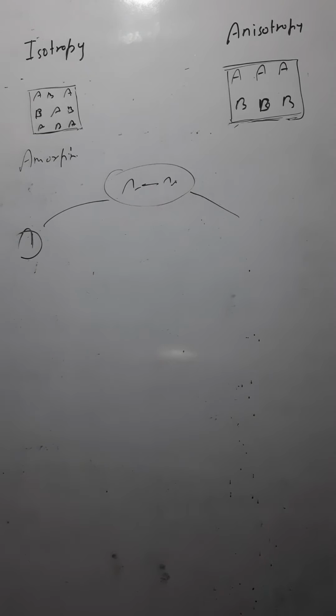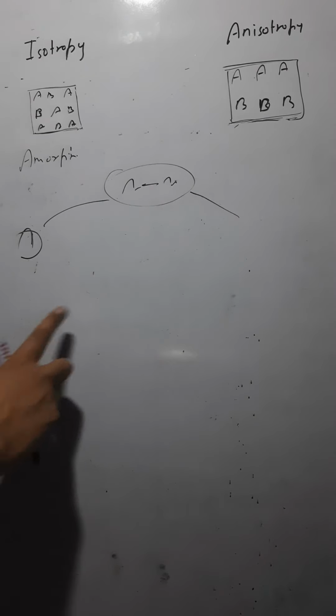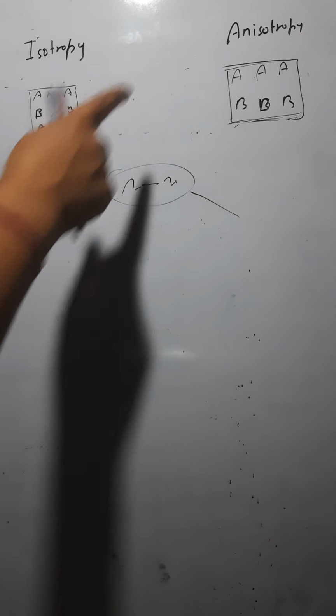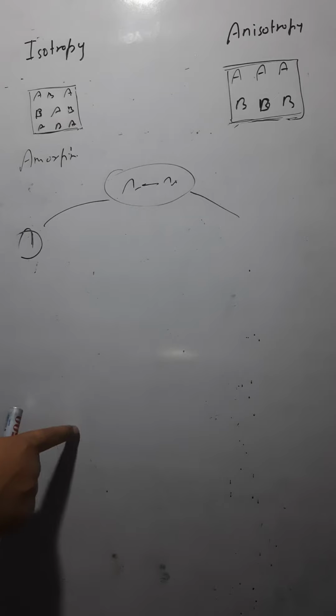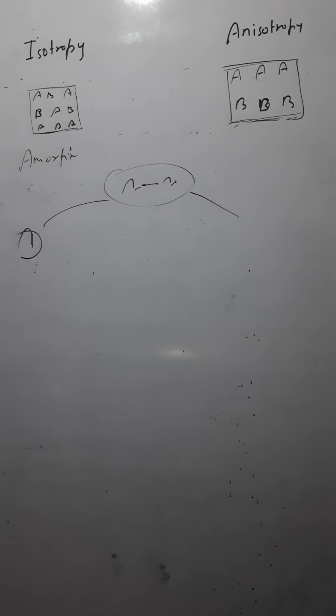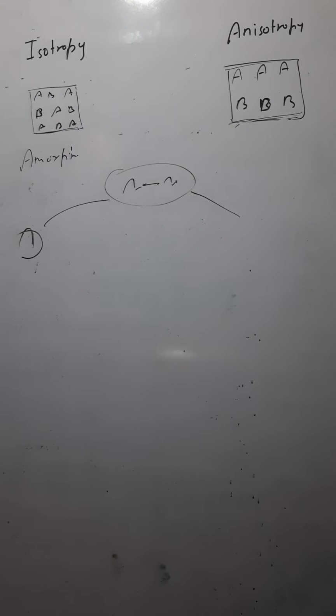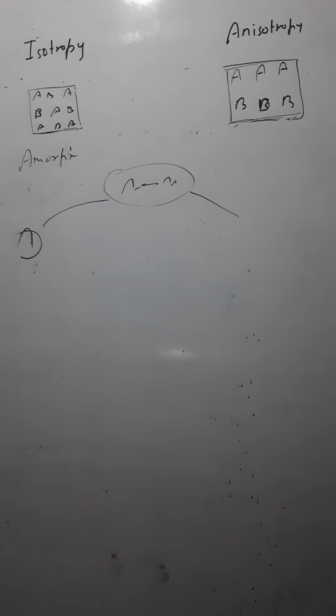And second, crystalline solids show anisotropic property, and amorphous solids show isotropic property. So this is how you can differentiate between crystalline solids and amorphous solids on the basis of these two properties.